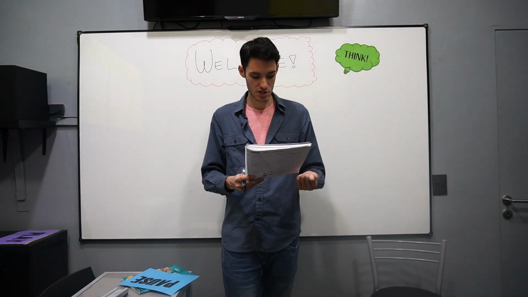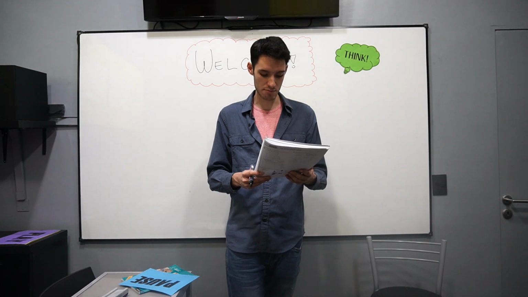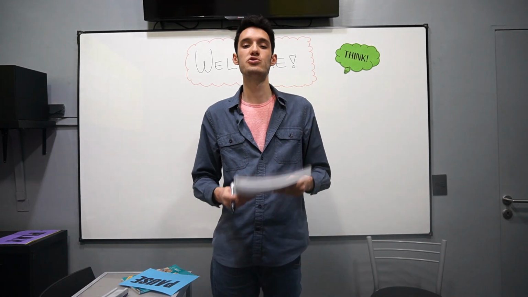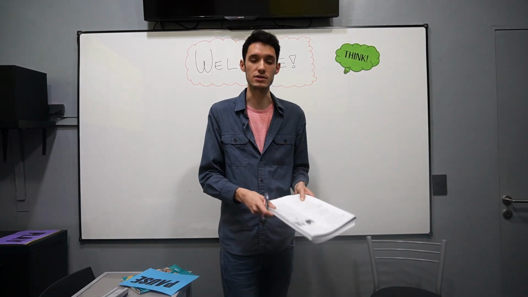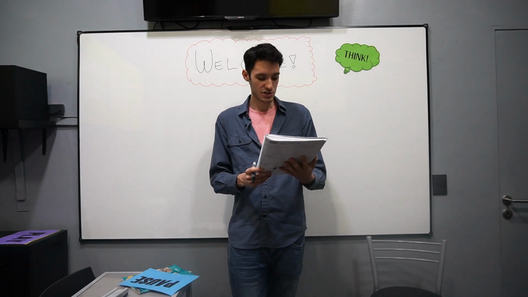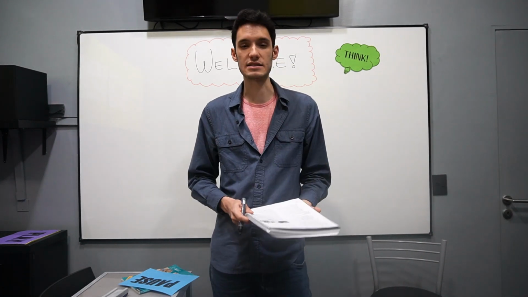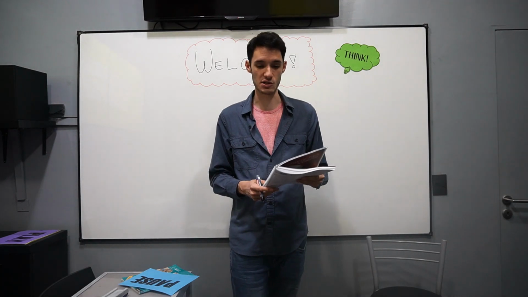Number 7, she thinks the experience of a supper club is more important than making money. True, she says she would rather have the experience over making more money, so it's true. The last one, number 8, it says, she once had a problem with one of her guests. We don't know, it doesn't say, okay. We don't know if she had a problem with one of her guests, okay?